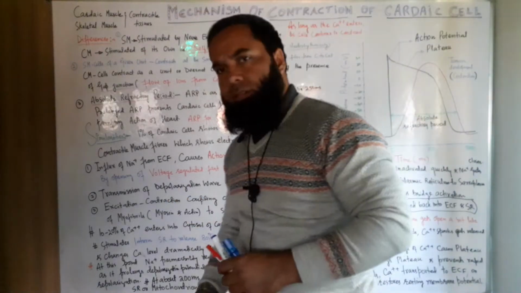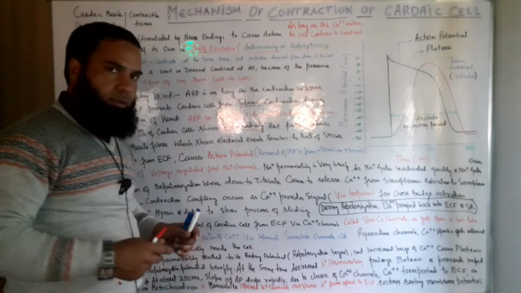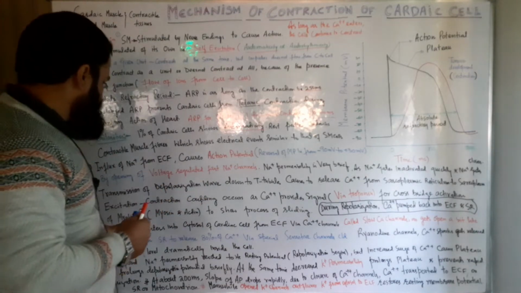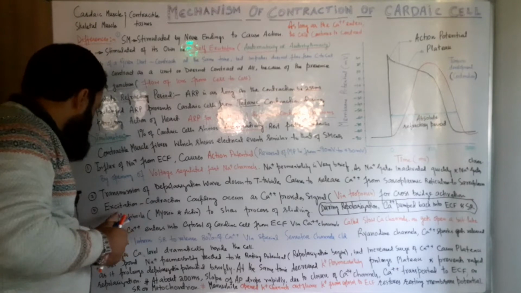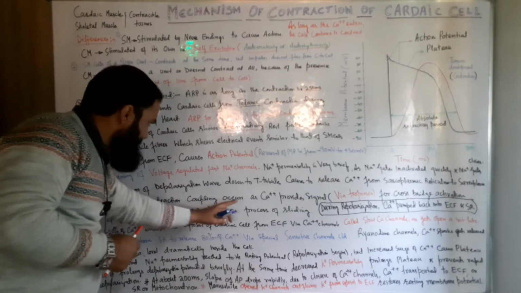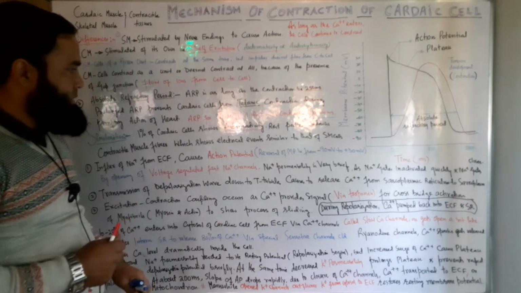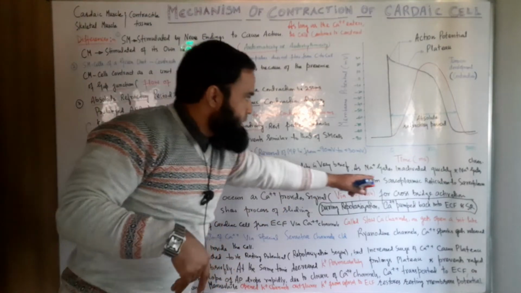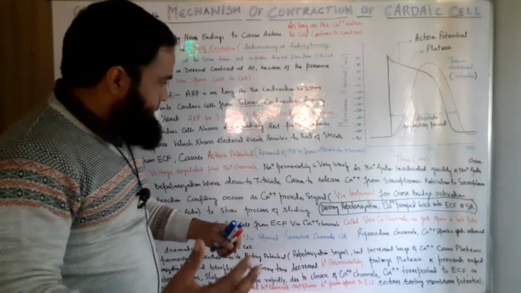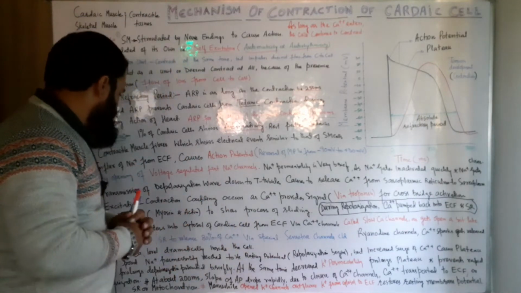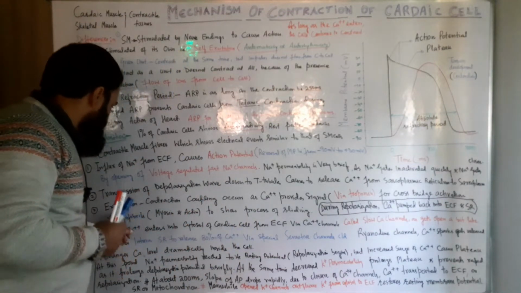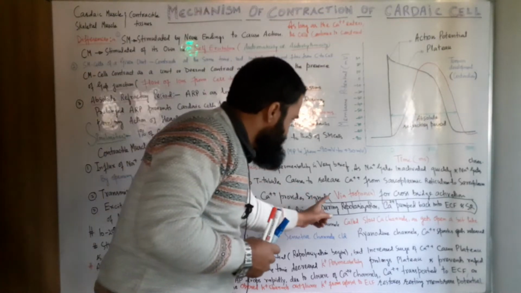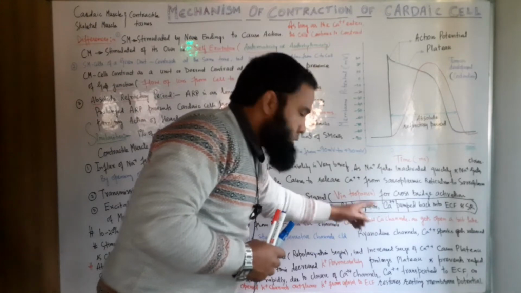And then the third point, which is similar in cardiac cells as well as the skeletal cell, is excitation contraction coupling, which occurs as calcium provides the signal. The calcium released from the sarcoplasmic reticulum enhances excitation and contraction by providing a signal via troponin.